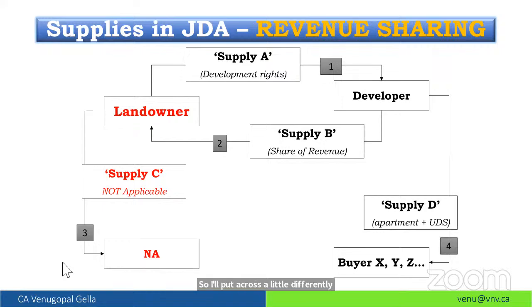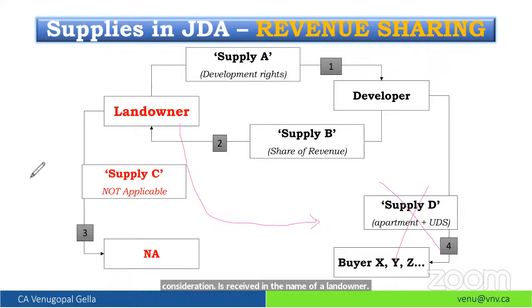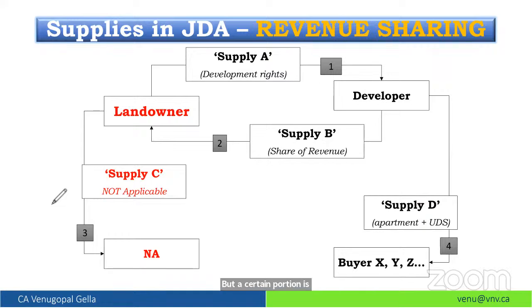Here, the way it is presented, there will not be supply D; instead there will be a supply C. In other words, all the sales are effected by the landowner in the real sense, though in a joint development, and all the consideration is received in the name of the landowner, but a certain portion is received as a revenue share by the developer.